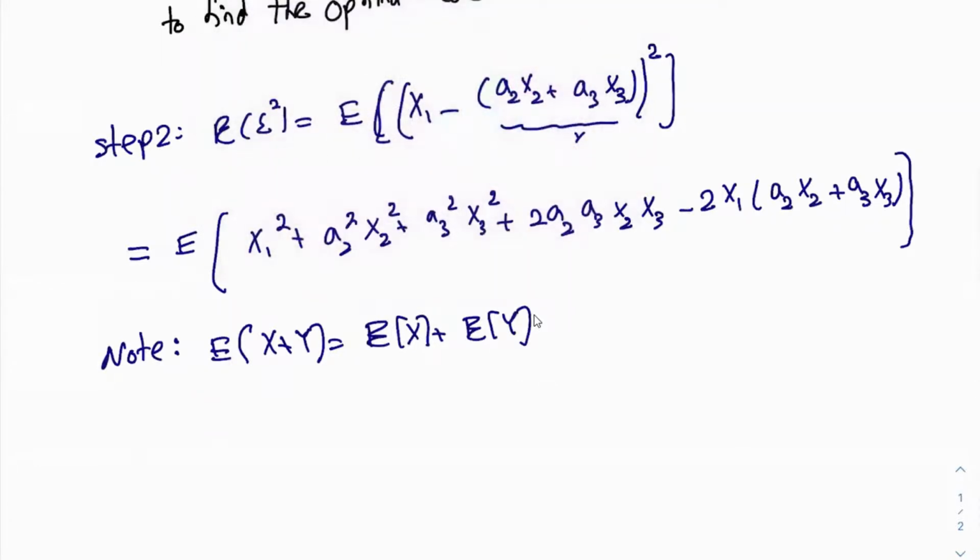Good. So what we get here is the expected value of x1 square. We know a2 and a3 are unknown parameters, values we are trying to estimate, but they are not random variables. x2 and x3 are random variables, right?